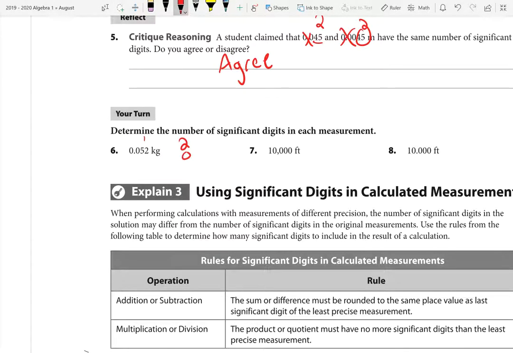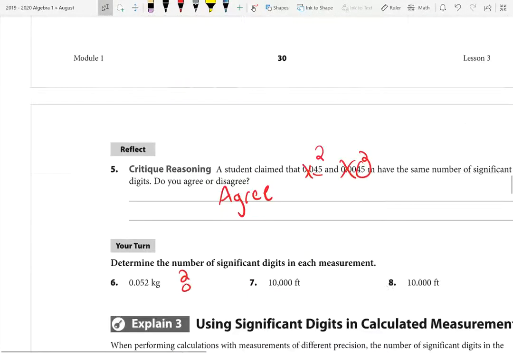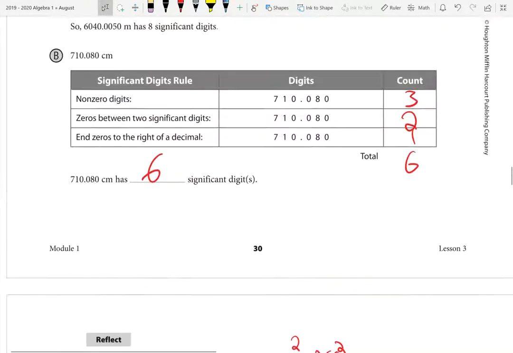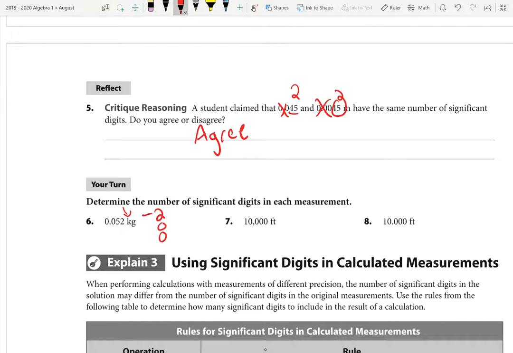And then end zeros to the right of the decimal. There are no zeros at the end to the right of the decimal. So if I'm filling out those 3 categories, I have 2, 0, and 0. So in total, that means there are only 2 significant digits in that number.